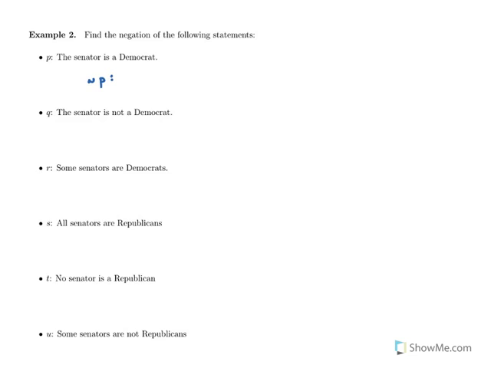As there could be other things that a senator could be, a different party. So we really are just going to say the opposite of this is the senator is not a Democrat. That is the opposite of a senator is a Democrat. That's not P.